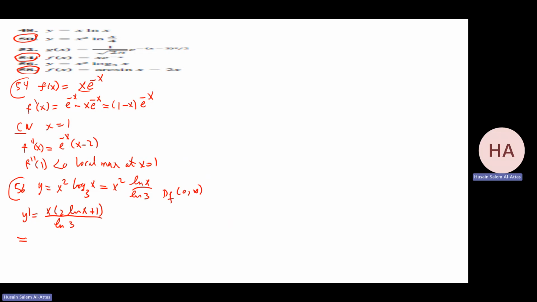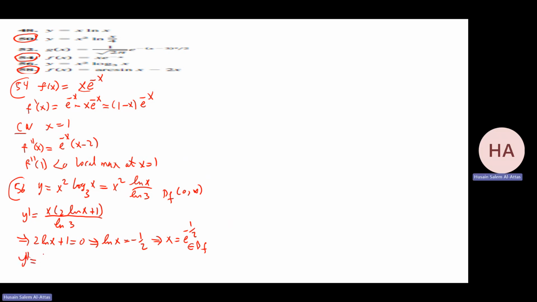So I have critical numbers. If x equals 0, it's not in the domain, so ignore it. I have 2 ln x plus 1 equal to 0. So I have ln x equal minus half. So x equals e to the minus half, which is in the domain. Check f double prime.